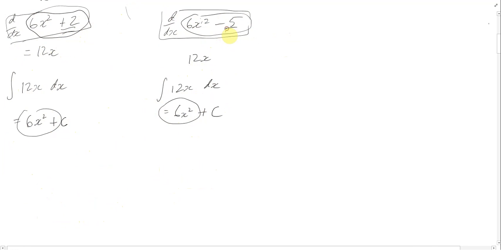This minus 5, it disappeared. So our answers are actually 6x squared plus c and 6x squared plus c. And it just so happens that our constants are different in each case. In the first case, c is equal to 2, and in our second case, c is equal to minus 5.